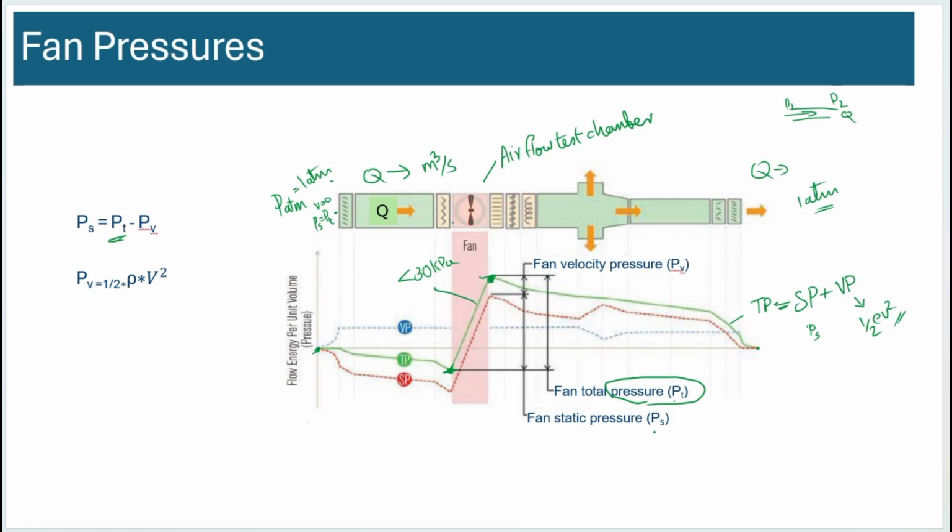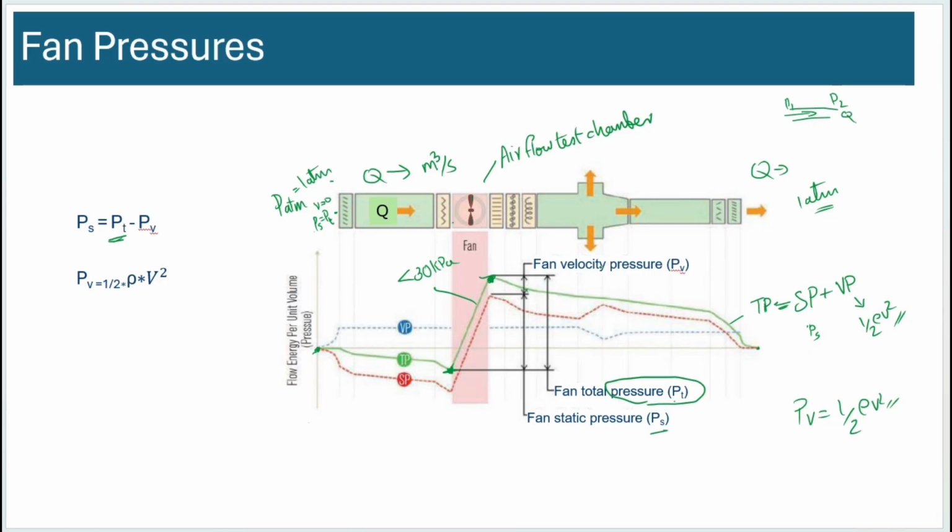Now, how do we define the static pressure? Is it this total change before and after of the static pressure? No. You have to find the fan velocity pressure first. So you need to measure the velocity of the flow here, and find half rho v square, okay?